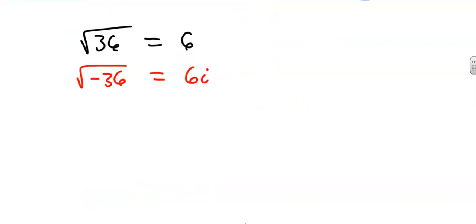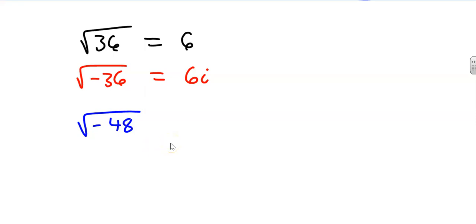And then what they're going to do after that, besides giving you perfect square root numbers, is give you some that you're going to have to actually break down just a little bit. So they'll give you something like this. Let's say the square root of negative 48.